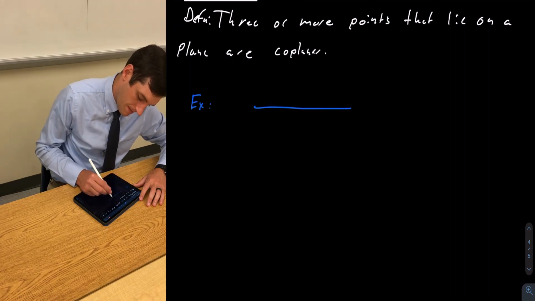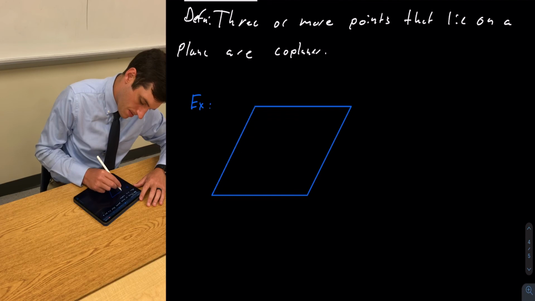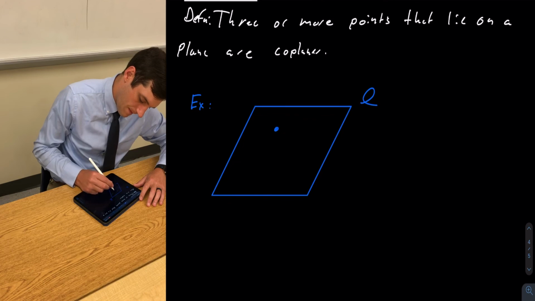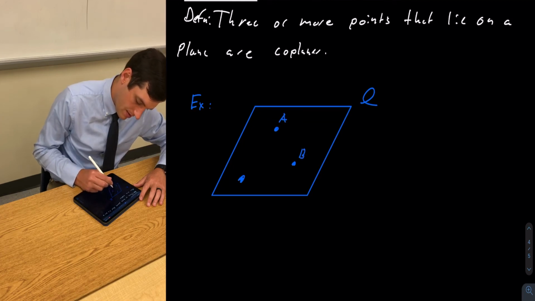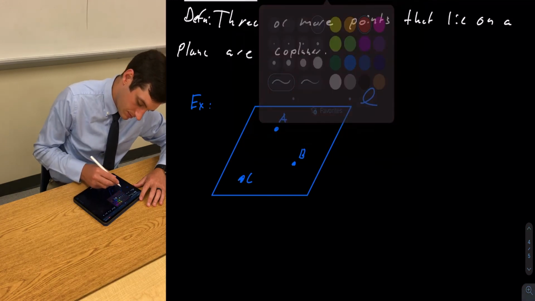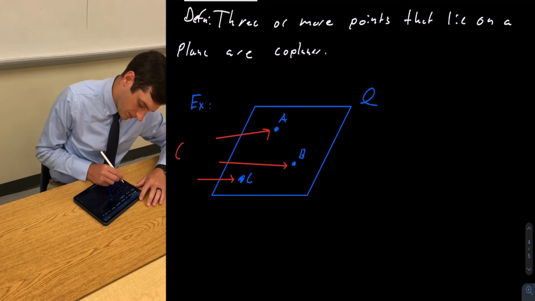So draw our plane, and I'll label it L. And let's say that we have three points on here, three points that are lying on this plane, A, B, and C. These points are coplanar.